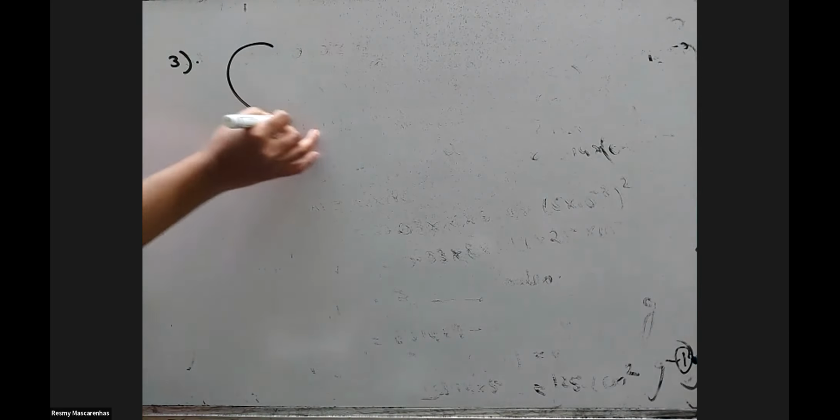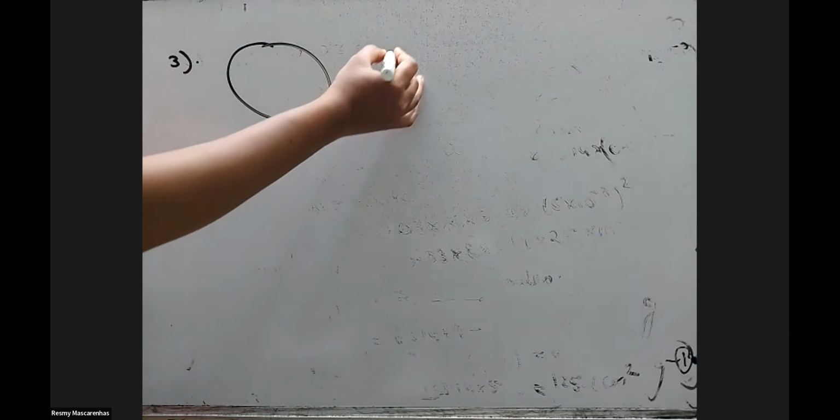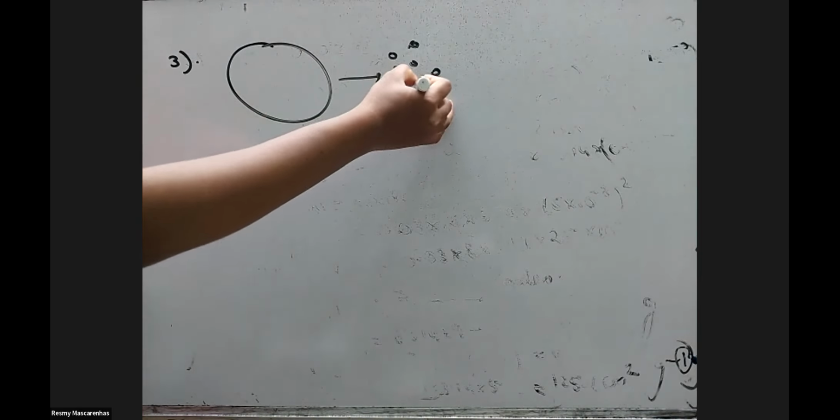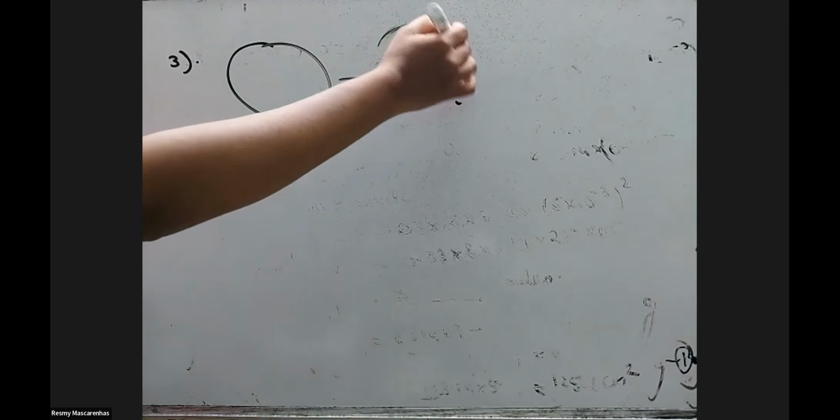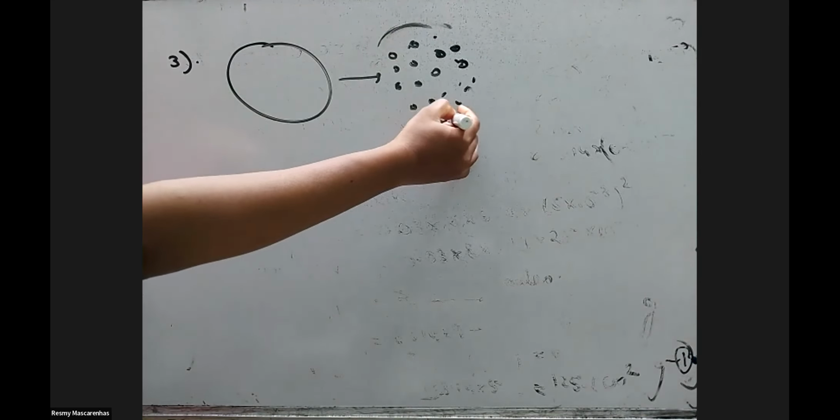Third one, a liquid drop of diameter d breaks up into 27 drops. So there's a liquid drop which breaks up into, like this, 27 drops.